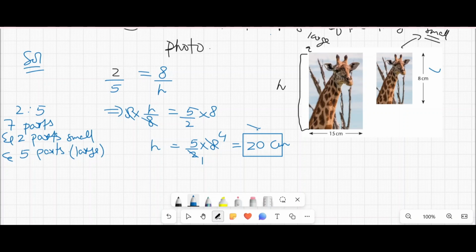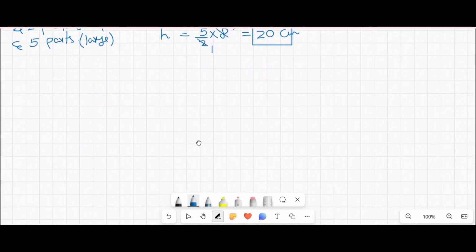And in part B it says, what is the width of the smaller photo? So now it says find the width of this. Let me first write the question.